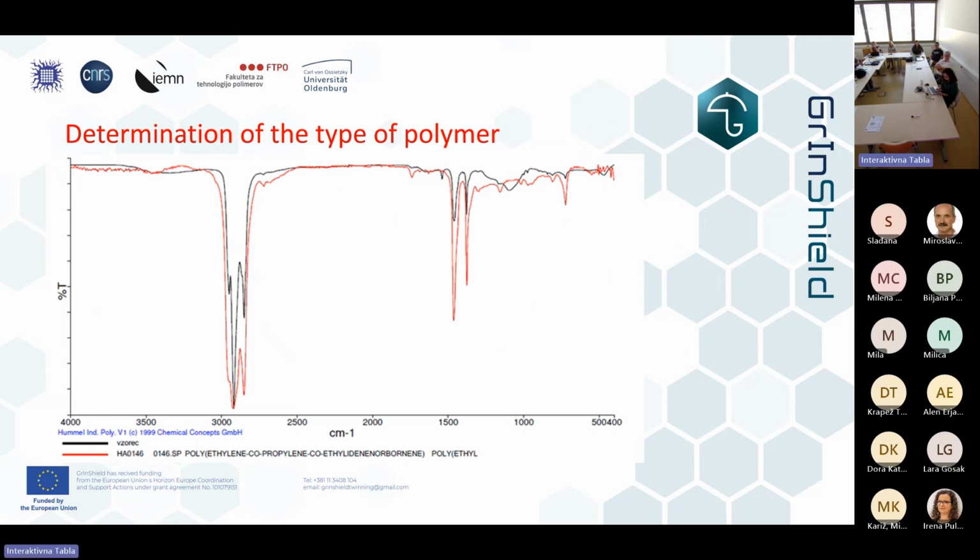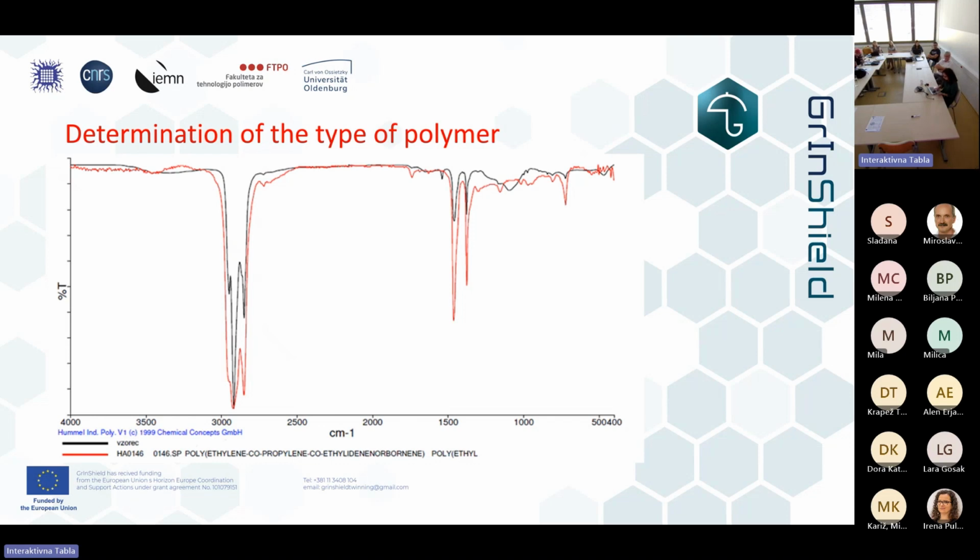So here again is a polyethylene-propylene copolymer. We measure the sample, and the beauty of FTIR is that there are databases of various, not only polymers, but also some other chemicals, and we can soon make a comparison.